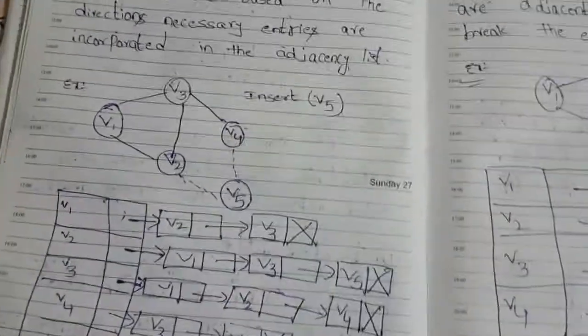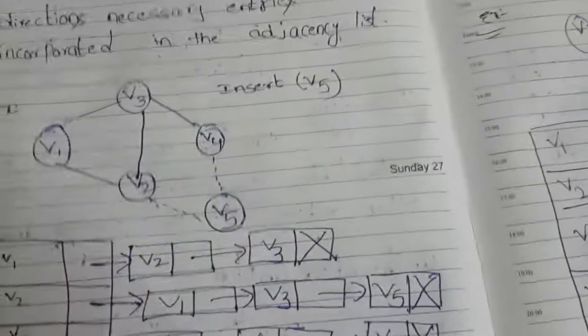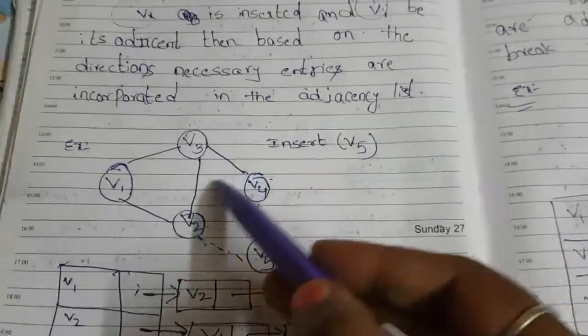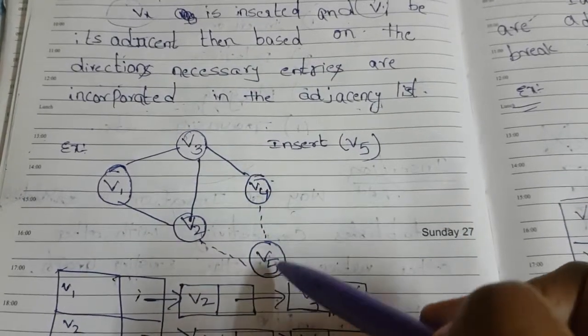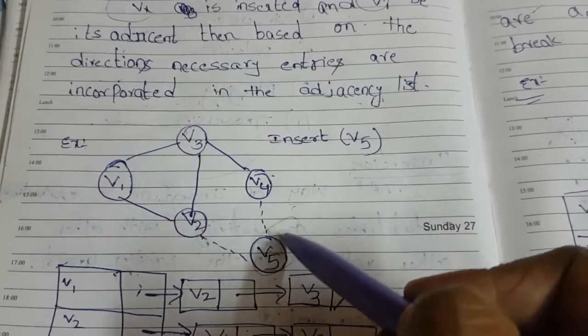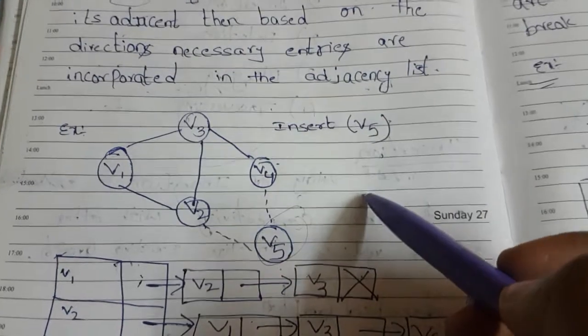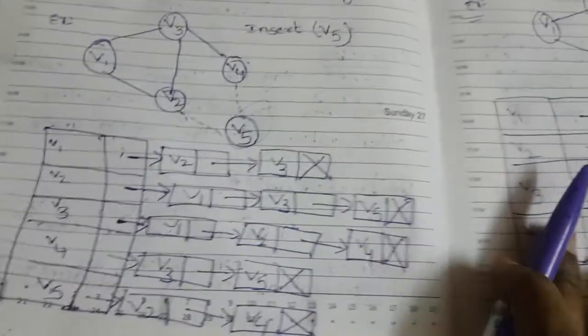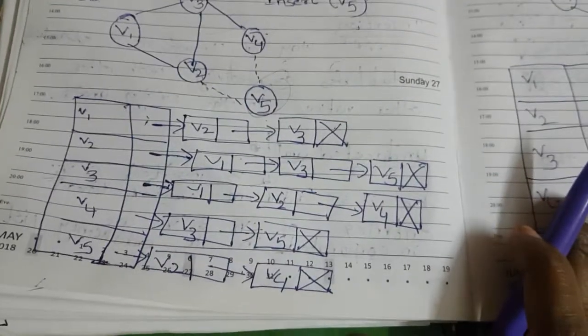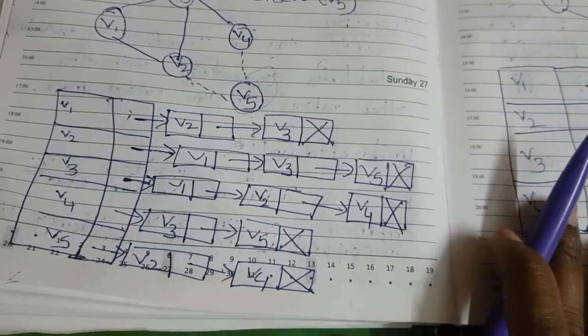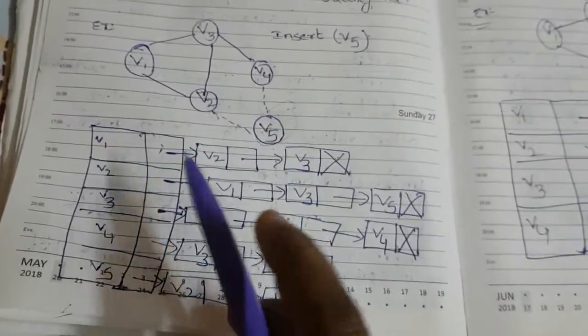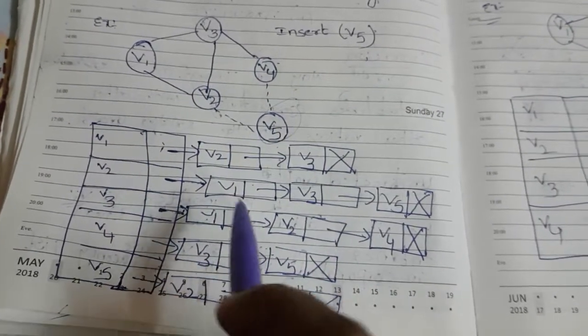For example, I take one graph: v1, v2, v3, v4, v5. This is a new vertex. Insert v5. Okay, next, here we have the adjacency list and adjacency matrix representation. In the last class we discussed the linked list representation, the adjacency list representation.